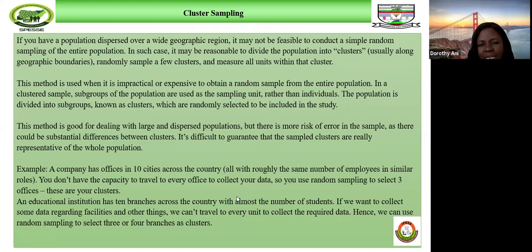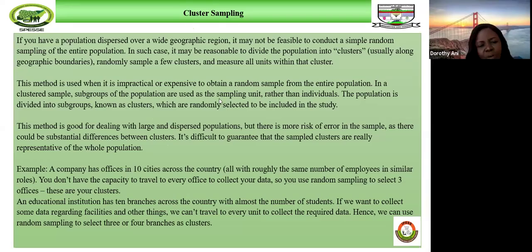It is good for dealing with large populations, but the margin of error in the sample is higher because of differences between clusters. It's difficult to guarantee that the sampled clusters are really representative of the whole population.